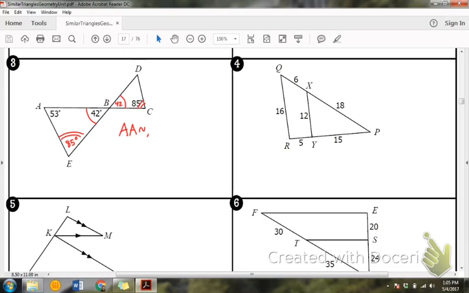And if I said triangle BAE, how would you match that up? Donald, how'd you finish this one? Triangle BAE is similar to what? BDC. I would agree with that. Triangle BDC.